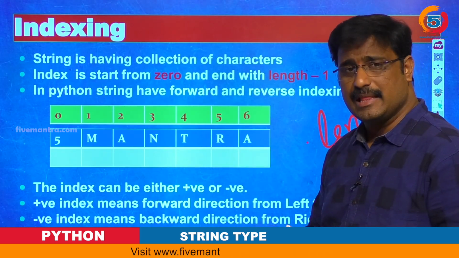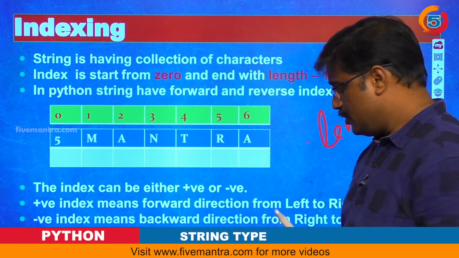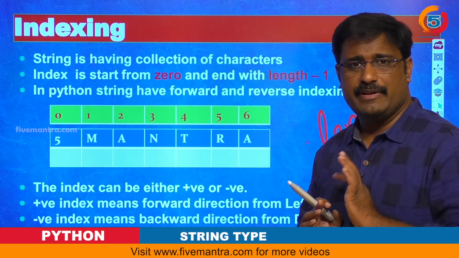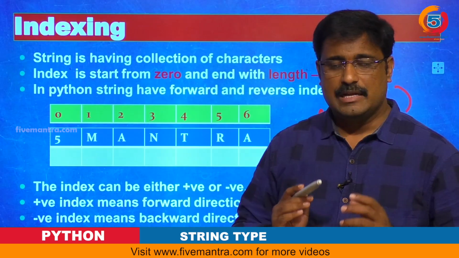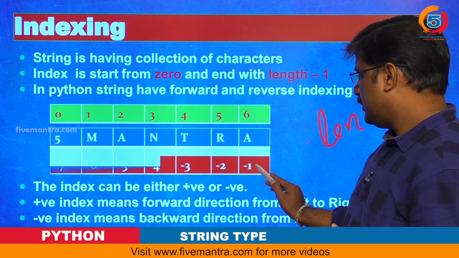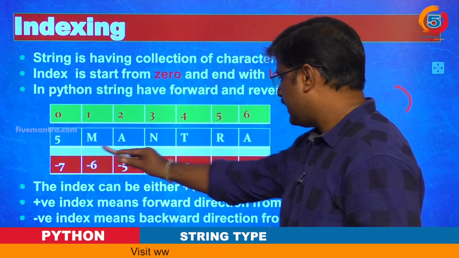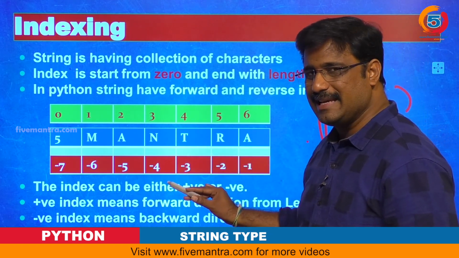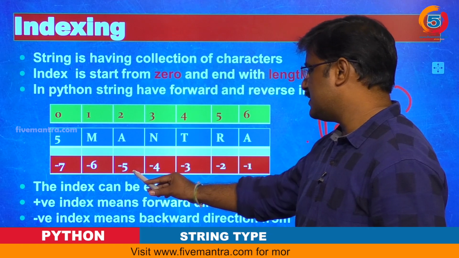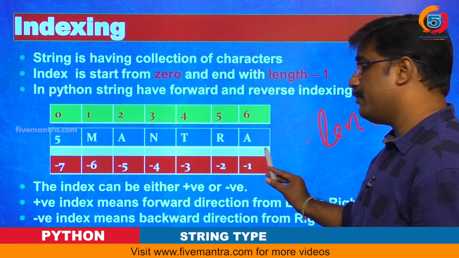Reverse indexing is another important concept you have to know, and it is given in Python. Let's see how it works. The length of the string is 7 characters, so -7 will be the initial one, then -6, -5, -4, -3, -2, -1.